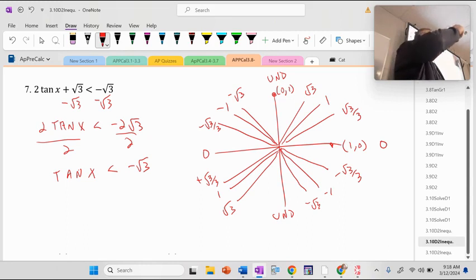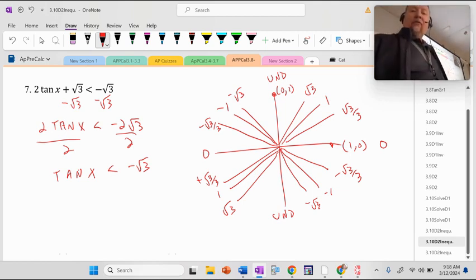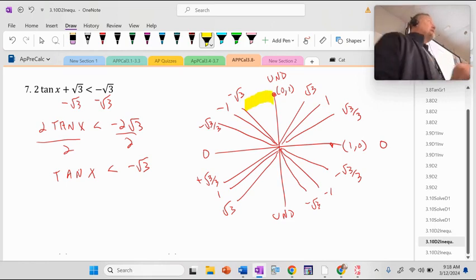So, unfortunately, less than negative root 3 is just this literal interval from here to here, because negative 1 is larger than negative root 3, just like negative 1 is larger than negative 2. Negative world. All right, and then where else do you have an interval that happens? Actually, this is not as bad as I thought, right? It's that little interval there. Very small intervals. Now what you need to know is what are those angle measures.